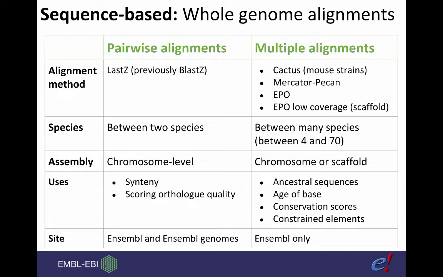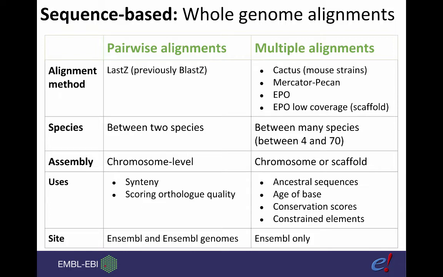Pairwise alignments are between two species, whereas multiple alignments can be between many species, and depending on the method, we have groups between 4 and 70 in species number. The pairwise alignments require chromosome level assemblies, so typically quite high quality and high depth assemblies. Multiple alignments can use either chromosome level assemblies or scaffold level assemblies, where we have the whole genome sequence but it's not yet been assembled into chromosomes.